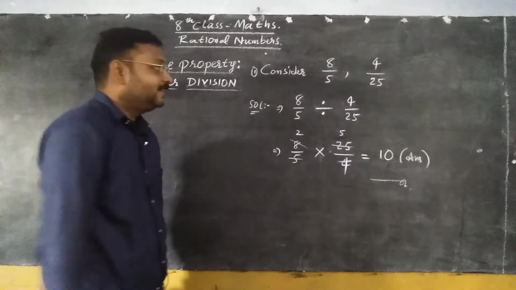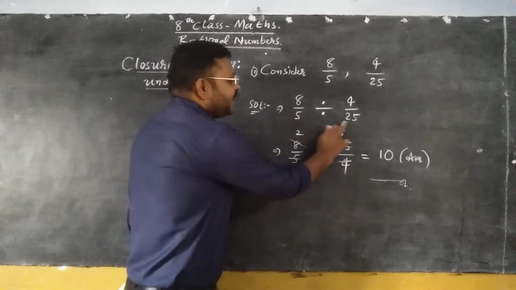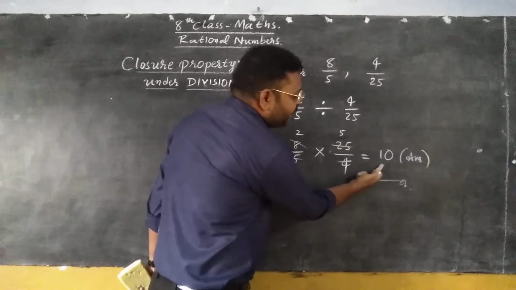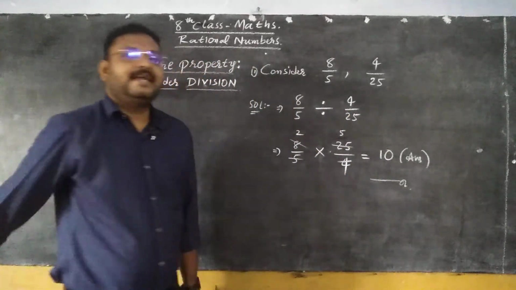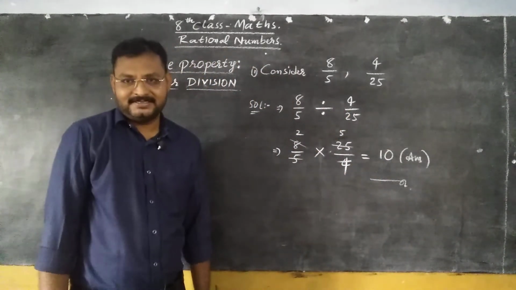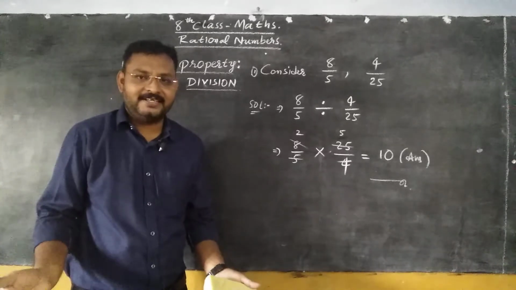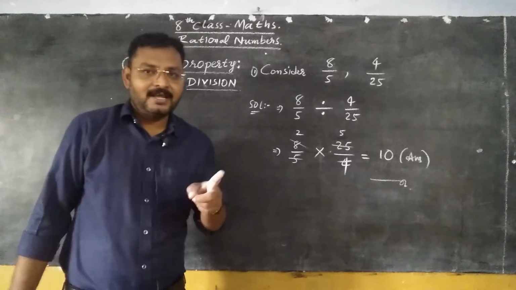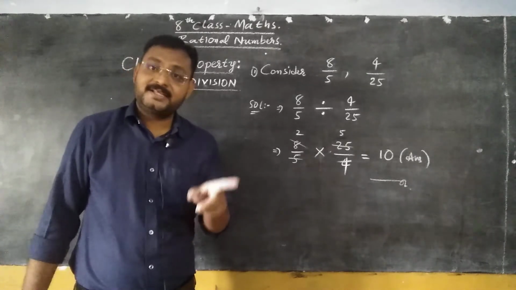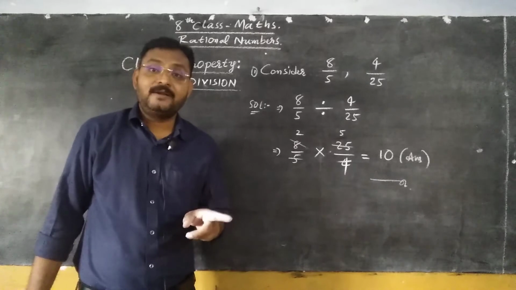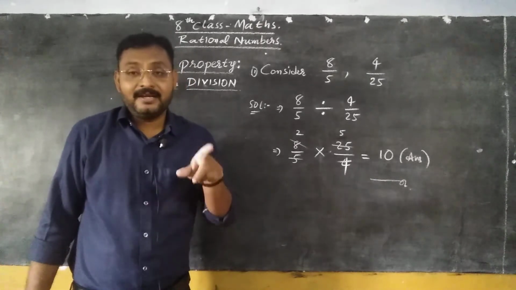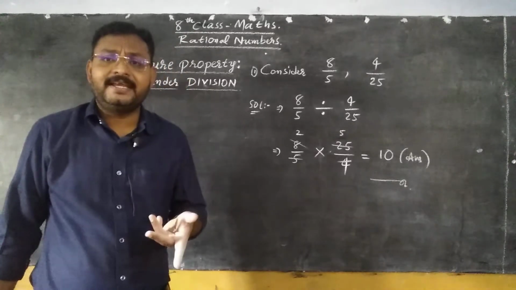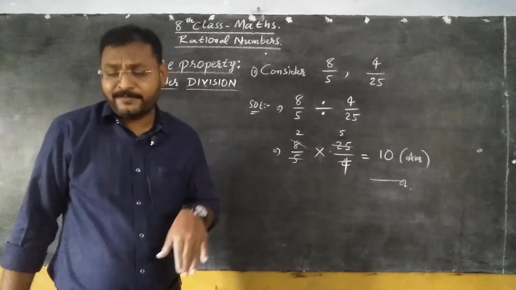So children, division of two rational numbers is also a rational number, so it is satisfied. Closure property is satisfied under addition, under subtraction, under multiplication, and under division also. So closure property is satisfied with all four operations.